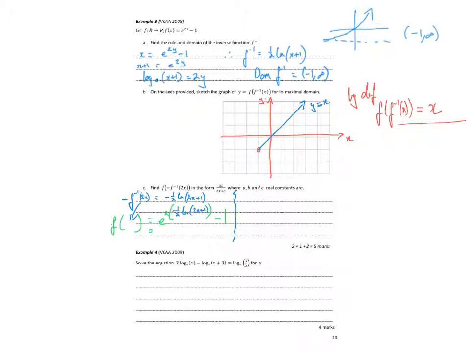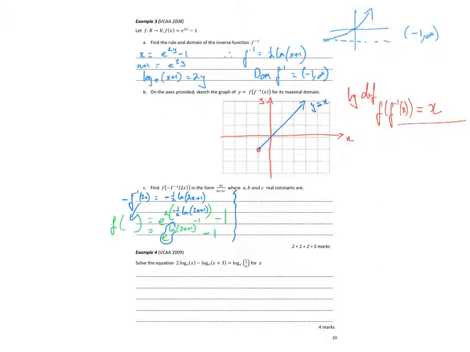So let's simplify. 2 times negative a half is negative 1. And I'm going to put that negative 1 out the front as a power. So I'm going to write this as e to the natural log of 2x plus 1 to the power of negative 1, minus 1. And the reason I do that is because whenever you have this expression, e to the log base e, they cancel each other out. That's the inverse function.